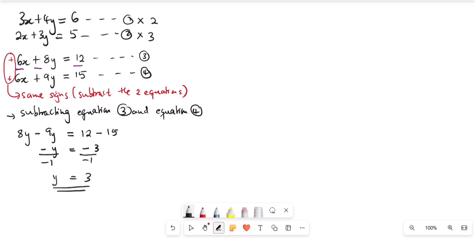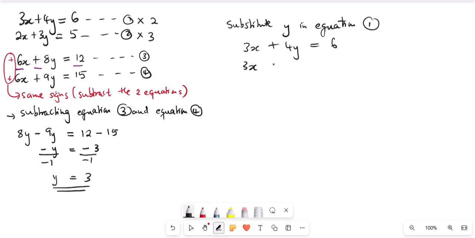Now after getting the y value, you move on to substitute y in an equation. You can choose any of the 4 equations. So I'm going to take equation 1. In equation 1, I have 3x plus 4y equals 6. 3x plus 4 times 3 equals 6.